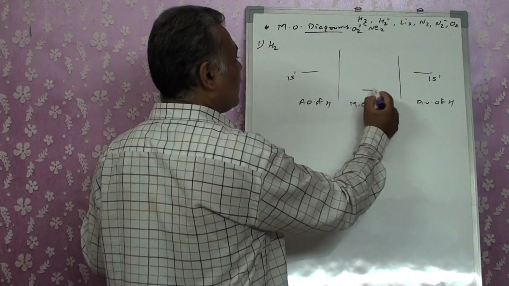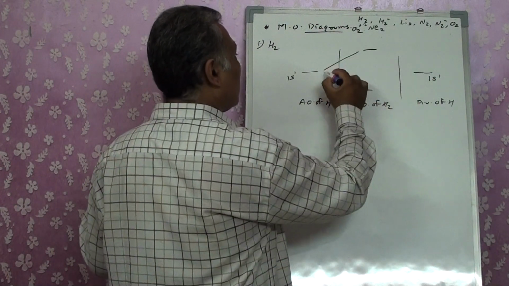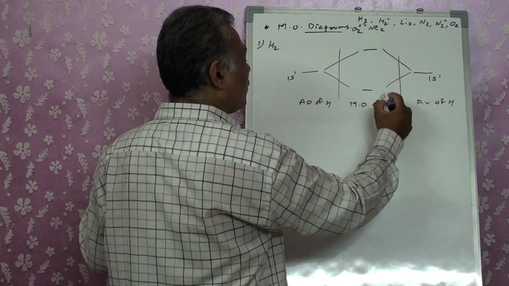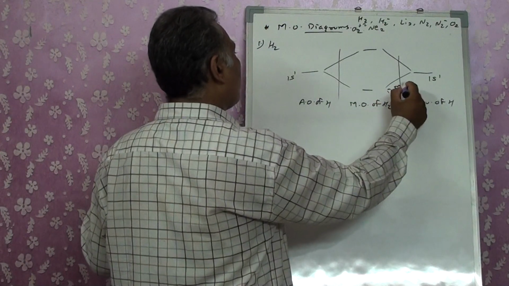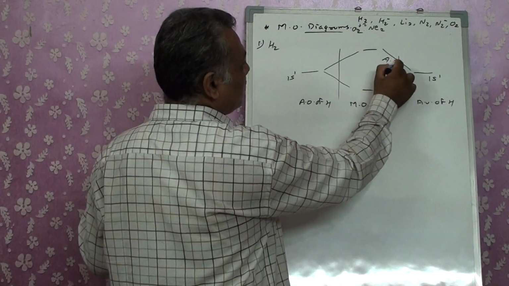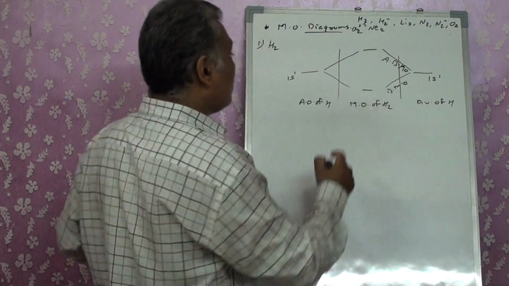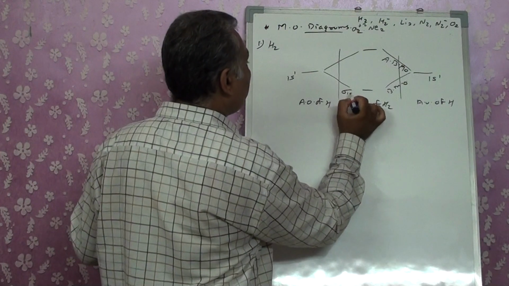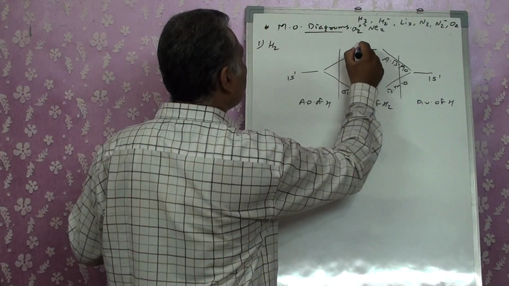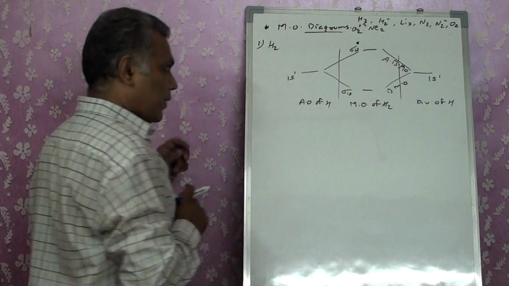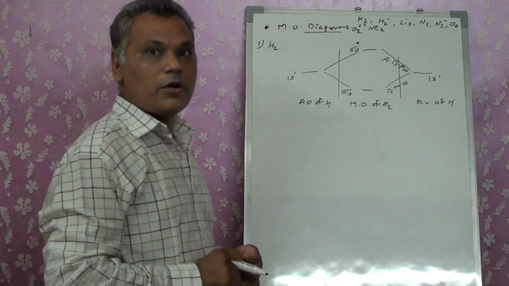So one with a lower energy, one with a higher energy. The molecular orbitals will be formed, BMO. This one will be ABMO, right? This we know is sigma 1s. This one will be sigma star 1s. This is the general diagram that we have drawn.